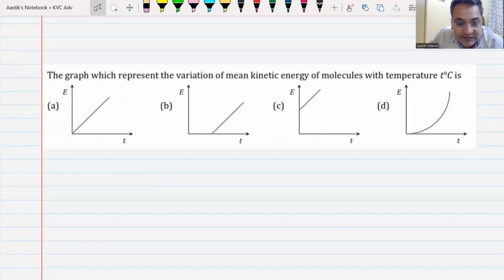Which graph represents the variation of mean kinetic energy, average kinetic energy of molecules with the temperature T in degrees Celsius? Degree Celsius, my dear friends, degree Celsius.